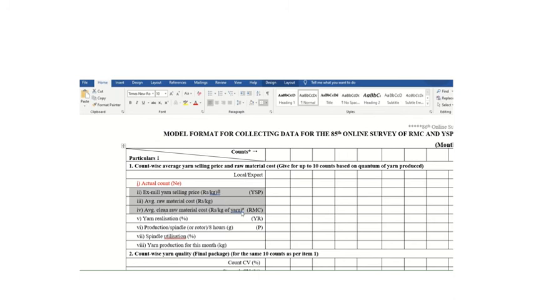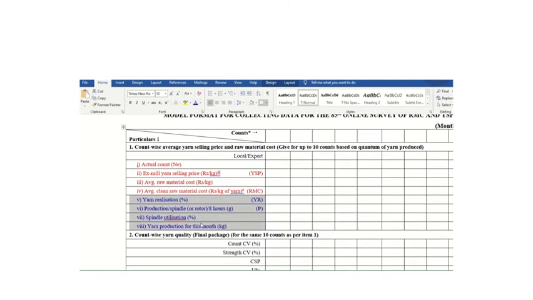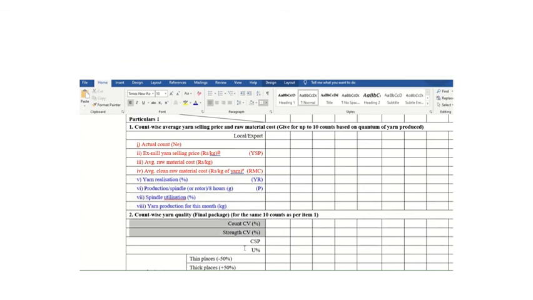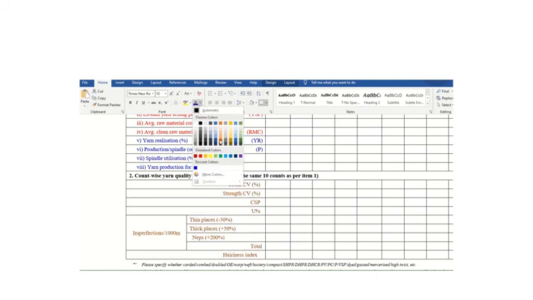Both they have given. The clean raw material cost is RMC. Then the terms from 5 to 7 are related to production. And next, these are the quality related terms. You can see they are collecting the quality related terms also.